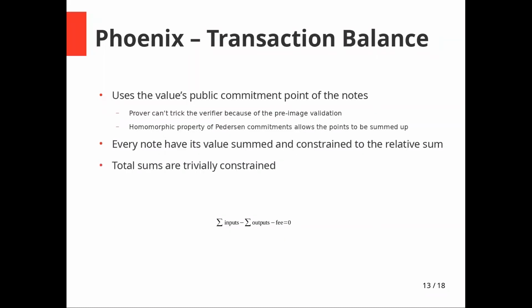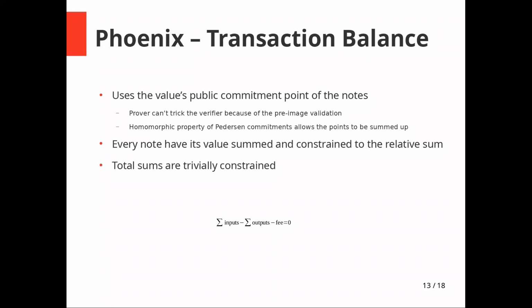And also we validate the transaction balance. So we have the public commitment point of the nodes stored on the chain. So this is also public information. So the verifiers will fetch this commitment point from the chain and inject it into the circuit to also prevent a malicious transaction builder from manipulating the values.